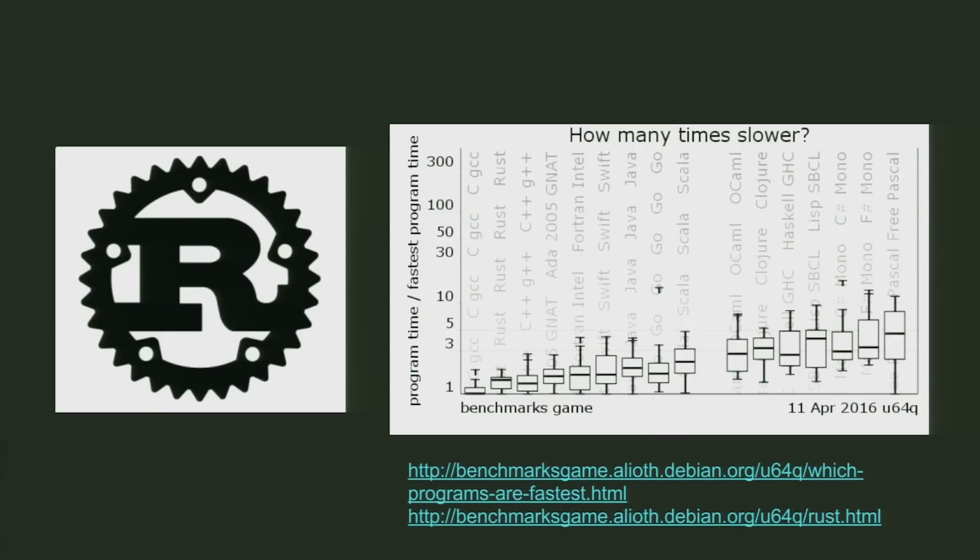I want to preface this slide with: I absolutely love and hate the benchmarks game. The benchmarks game is both terrible and wonderful, but right now I'm near the top of it, so I'm putting it on a slide. It is really important to understand this when you do micro benchmarking. One of my favorite descriptions of the benchmarks game, for those of you who are not familiar, is that it's a collection of 10 or 15 programs that people submit things to, and then they're on this chart.